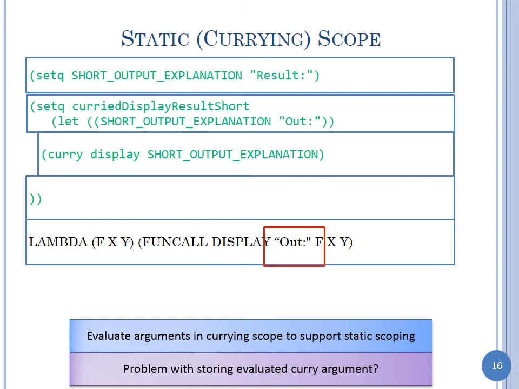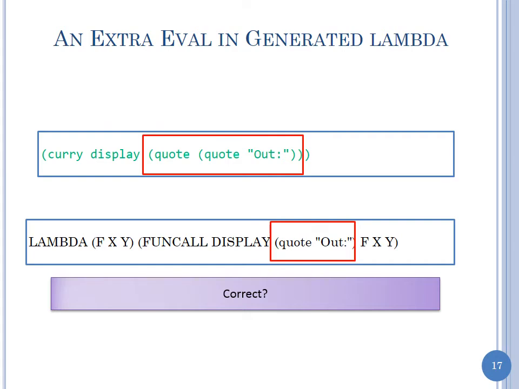And in the case of an atom, it doesn't make a difference. But if I had something like this, quote, quote, quote, out, we first do an evaluation and get quote out. We put that in. Then when we do the FUNCALL, we again do an evaluation and get out.